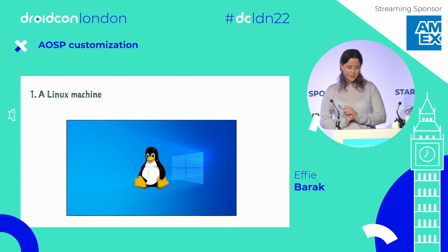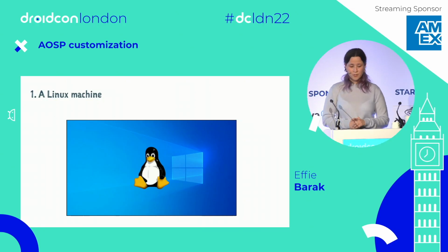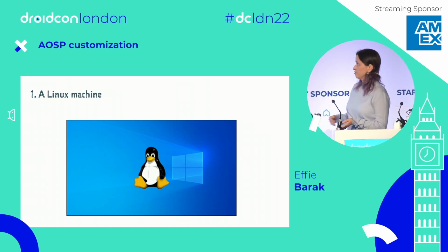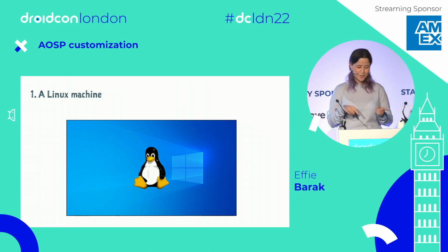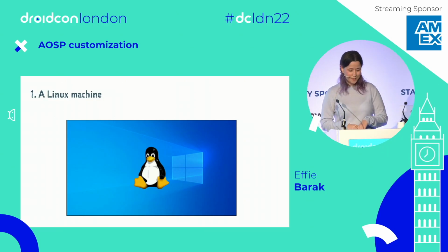You can build and run AOSP on WSL, with the exception that you cannot run the emulator from WSL. WSL is in itself a virtualized machine, so you cannot run virtualization on top of virtualization. I did try to run the emulator on the Windows side and debug with ADB from the Linux side to the Windows side on the same computer. No good, it didn't work. It was fun for a while, but it didn't work.